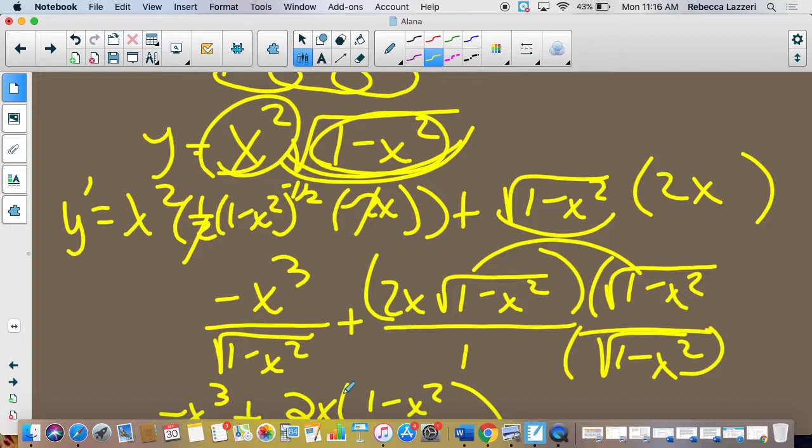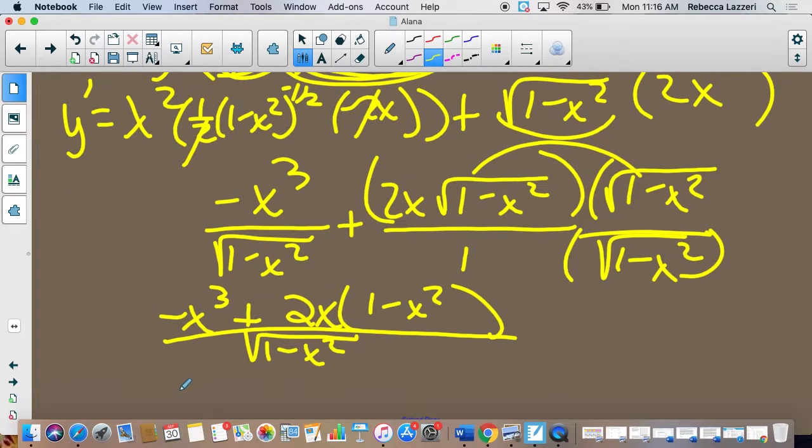But you see how I'm real aware of the domain? The graph probably looks crazy, but it's right now only negative 1 to 1 inclusive. But is the derivative inclusive of negative 1 to 1? All of a sudden, negative 1 and 1 are not allowed in your derivative, whereas they were in your original. I'll just make that point and leave it there until we get to something more important.